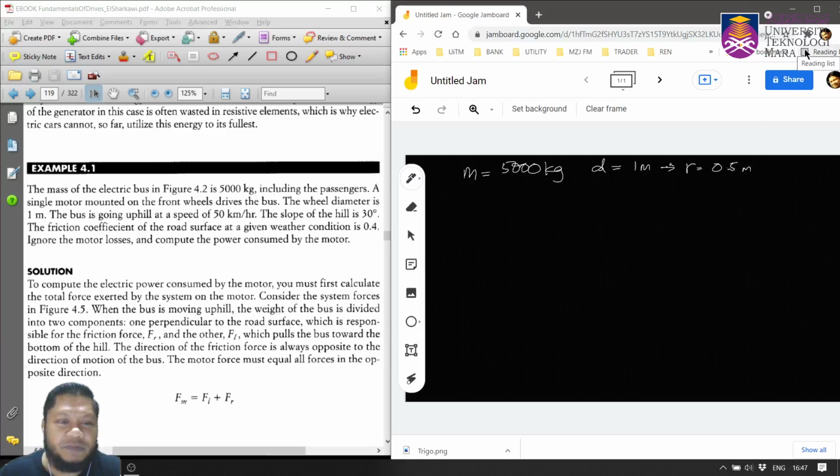The bus is going uphill with a speed V equal to 50 kilometer per hour. The slope of the hill is 30 degrees, so theta equals 30 degrees. And the friction coefficient of the road surface at a given weather condition is 0.4, so mu r equals 0.4.